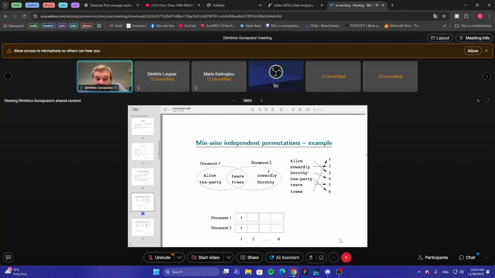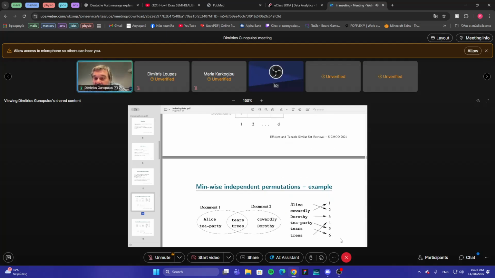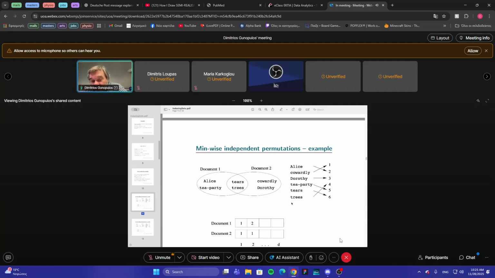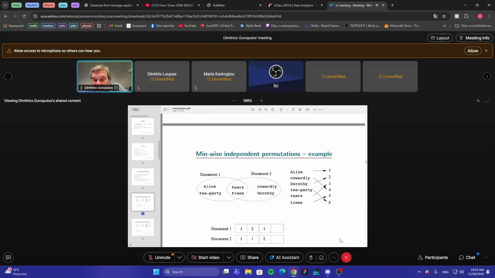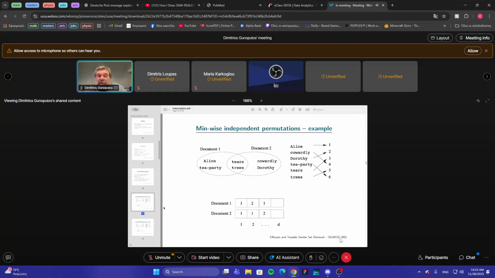It turns out that the first word is Trish, because Trish appears in this document. And it's the same for the second document. Trish appears in the second document. And then I do it a bunch of times, same thing, changing the random permutation. I take a different random permutation, and here I take another one.